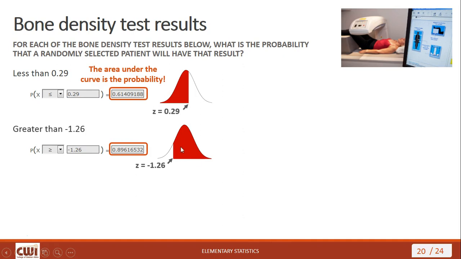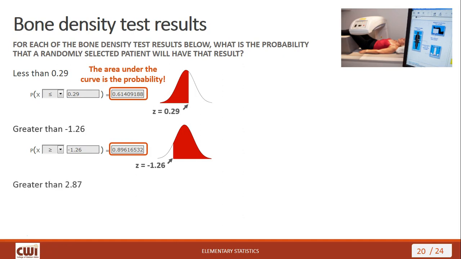Notice the area underneath the curve looks like it's about 89 to 90% of the whole area of the curve, so that looks right. We want it greater than, so we're going to get the area to the right. That's what the greater than gives us. And the z-score of negative 1.26 forms a boundary for that area underneath the density curve.